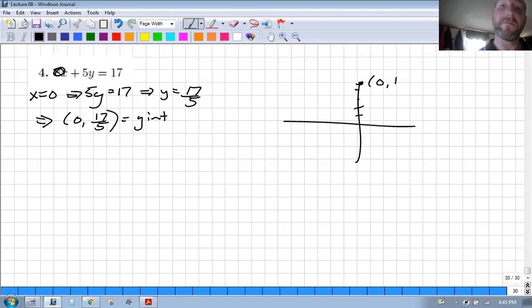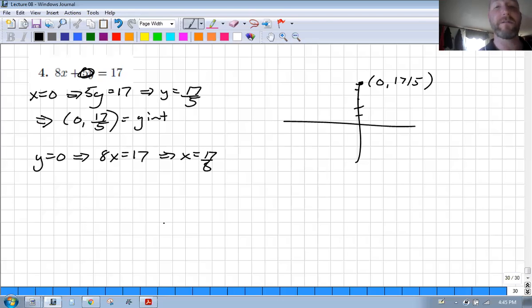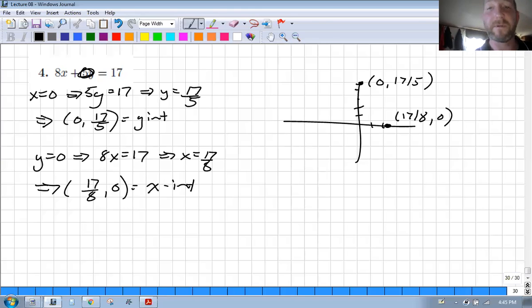Or if we let y be 0, then 8x equals 17, or x equals 17 over 8. So 17 over 8, 0 is our x-intercept, somewhere over here. Those are all our solutions.